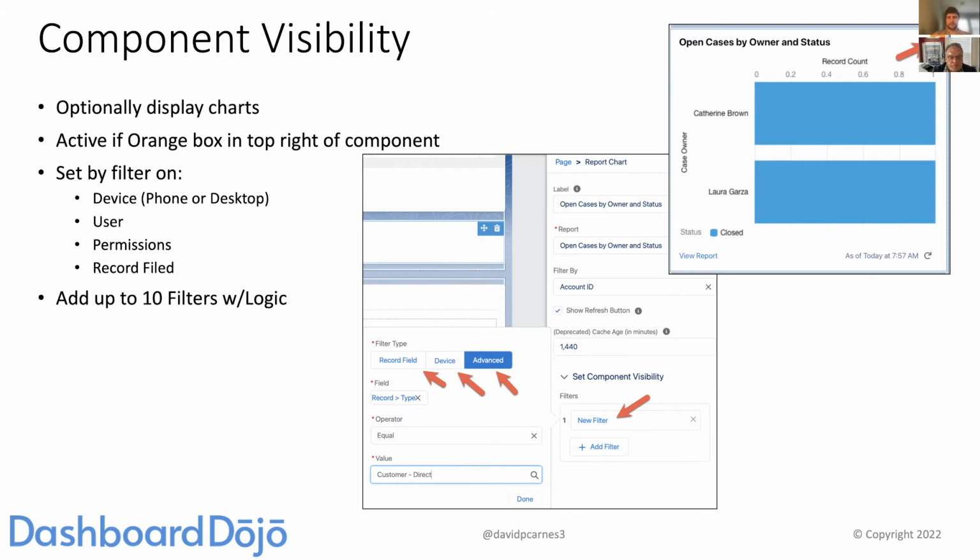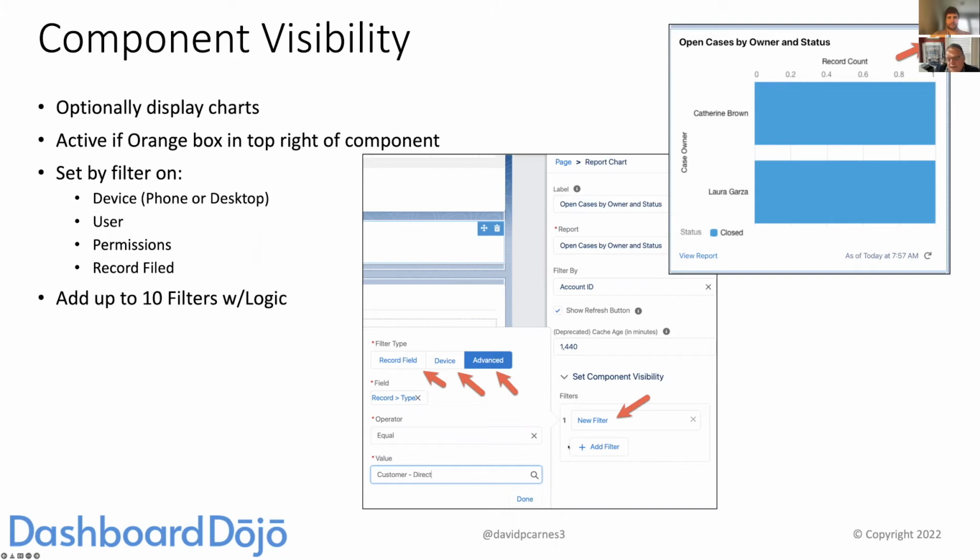We can also use, not record filed, it's record field. Sorry, I didn't catch my spelling mistake there. But you can see here in my screenshot that I have a record field selected, and I've selected the field called type, and the operator on a pick list is equals or not equals. I can go ahead and select the value from that pick list.